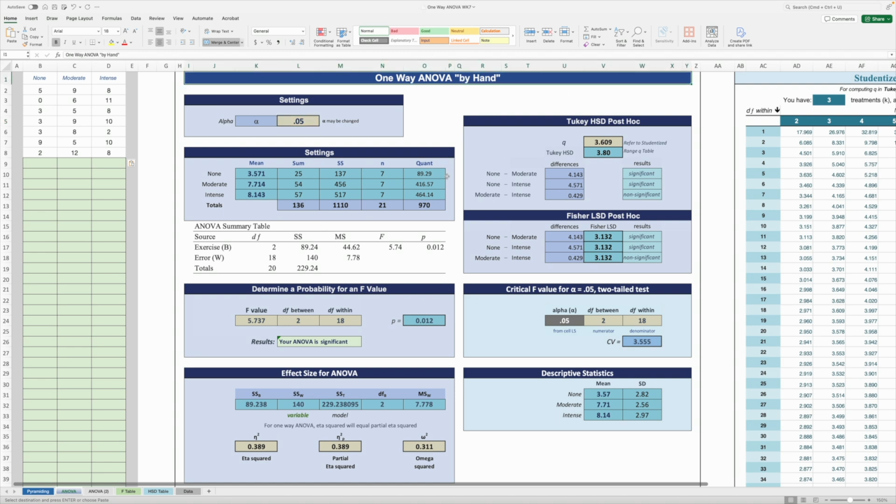And you can also click on various cells if you want to see how these numbers were created. Let me focus on a few elements of the spreadsheet. So first of all is where you set the alpha level. Again, it can be higher or lower, but we're going to keep ours at 0.05. Below that, you see the settings. Here's the mean for each group. We're going to look for differences between the means, the mean differences a little later on. We have the sums, we have the sum of squares.